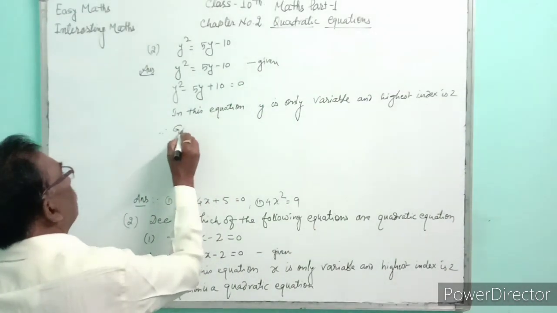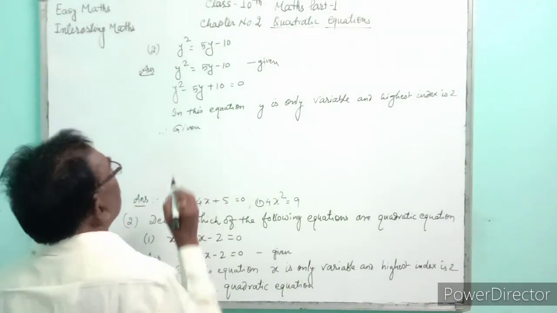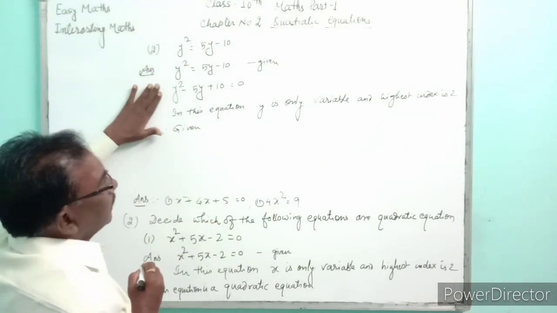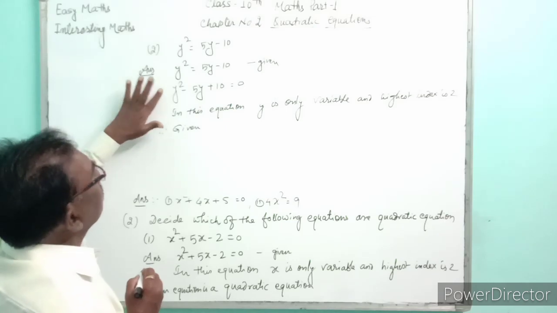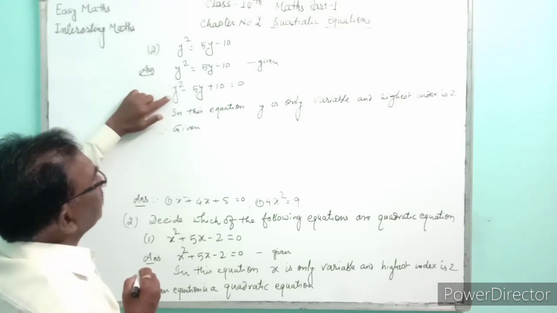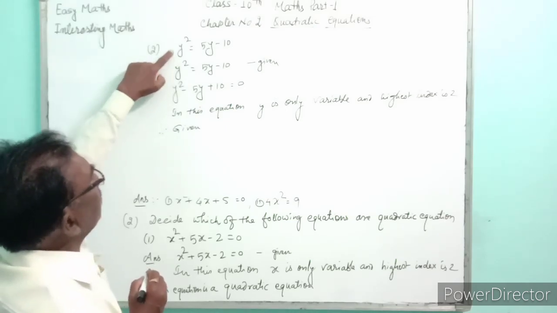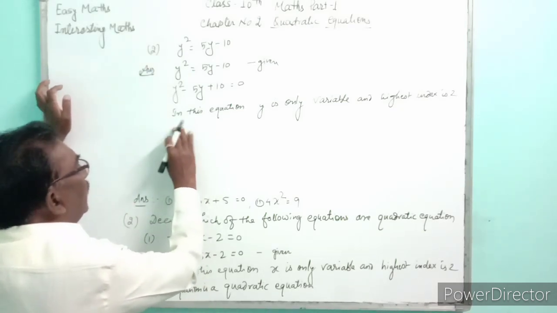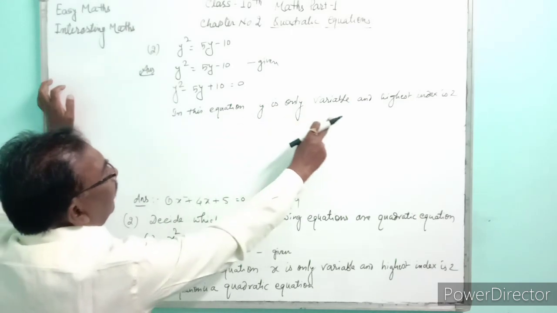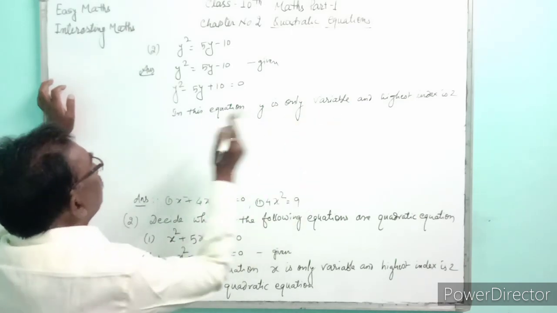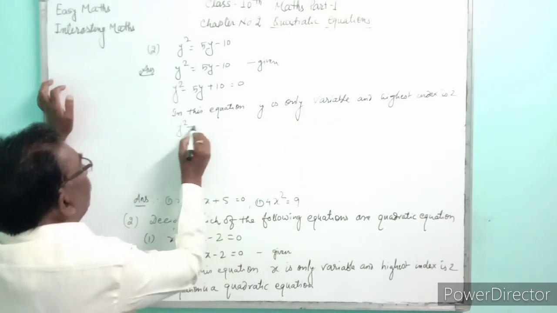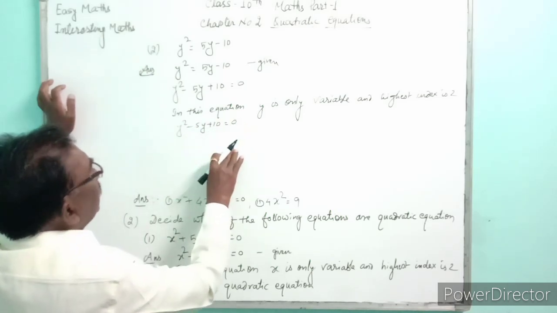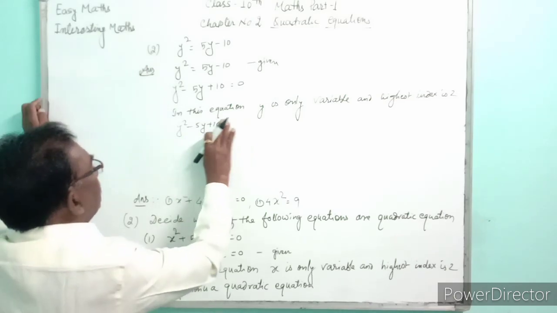Therefore this equation is a quadratic equation. Now we can write like this also. In this equation, y is the only variable and y's index is 2. Therefore, y square minus 5y plus 10 is equal to 0 is a quadratic equation. Therefore, the given equation is a quadratic equation.